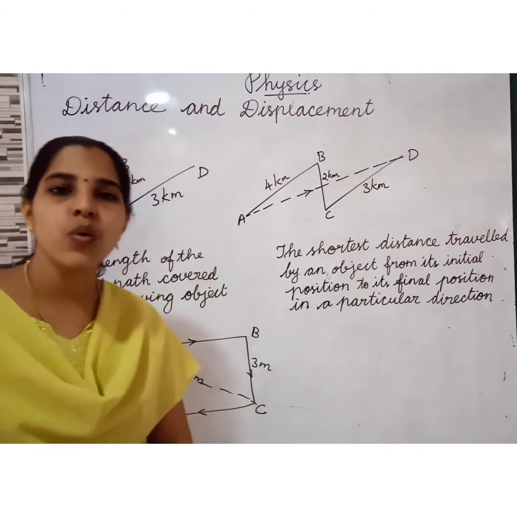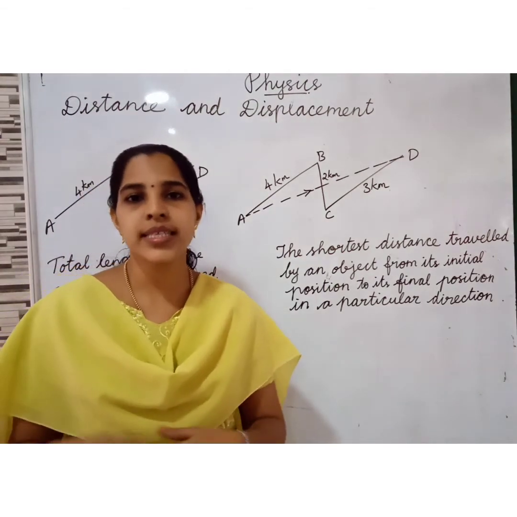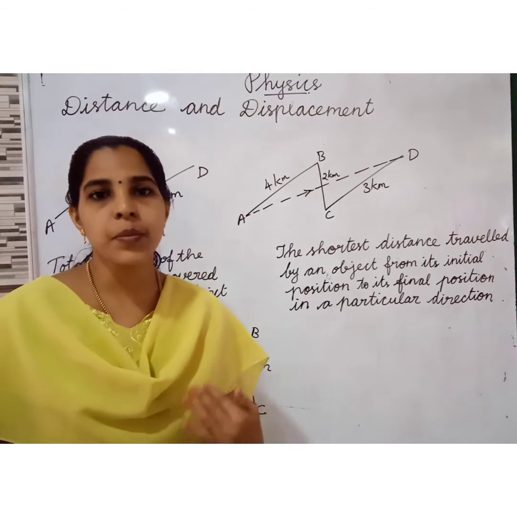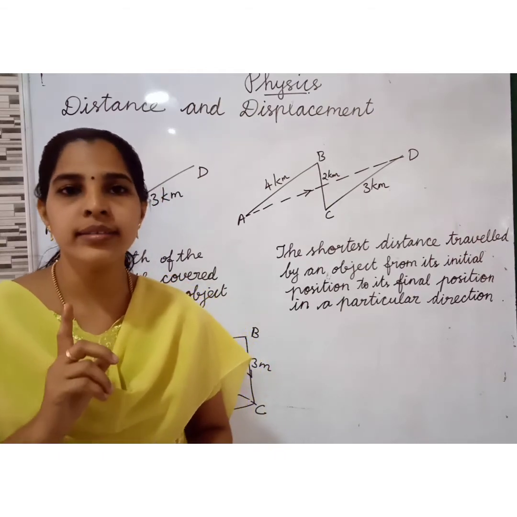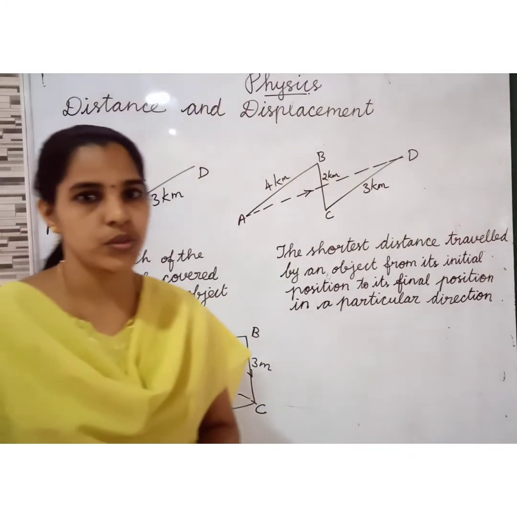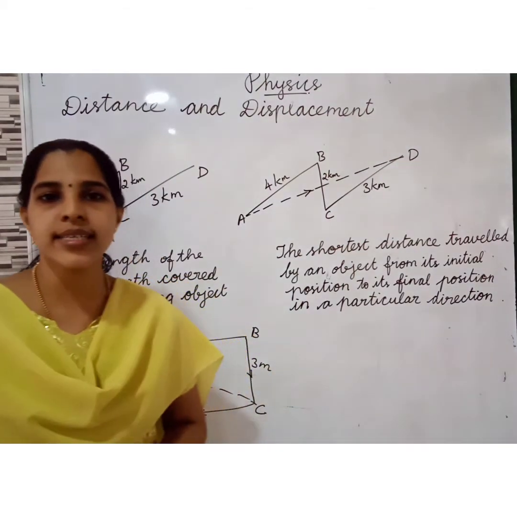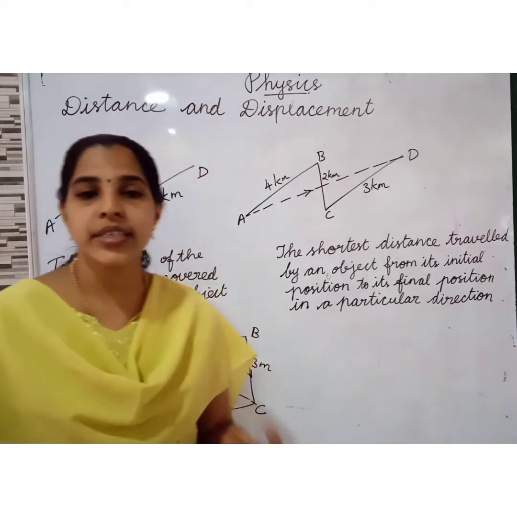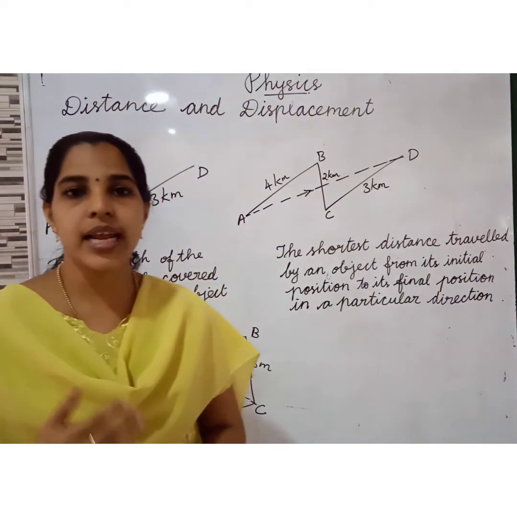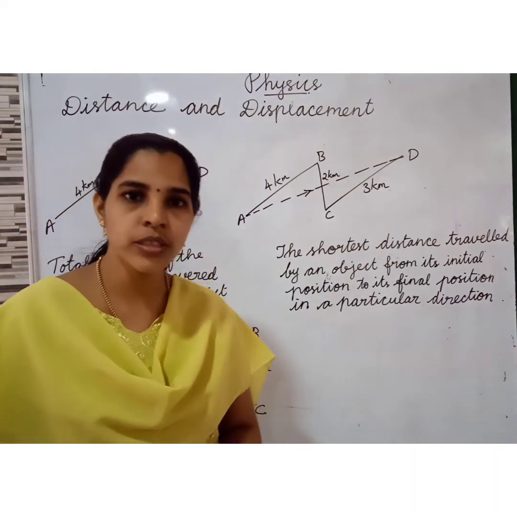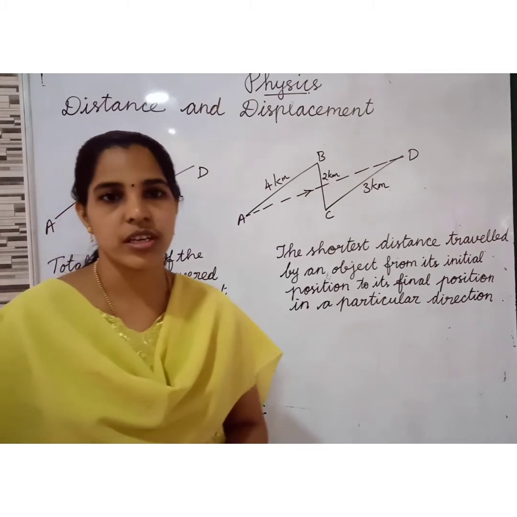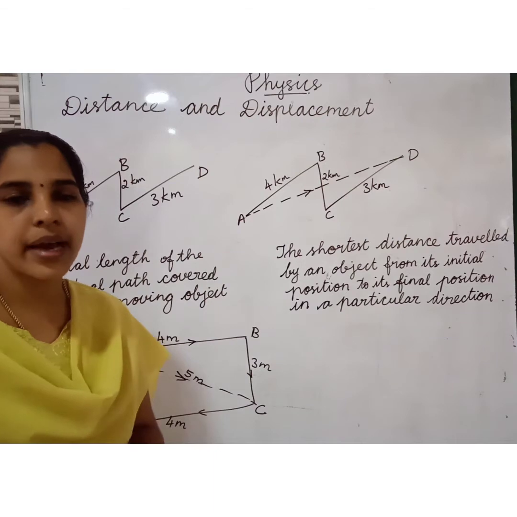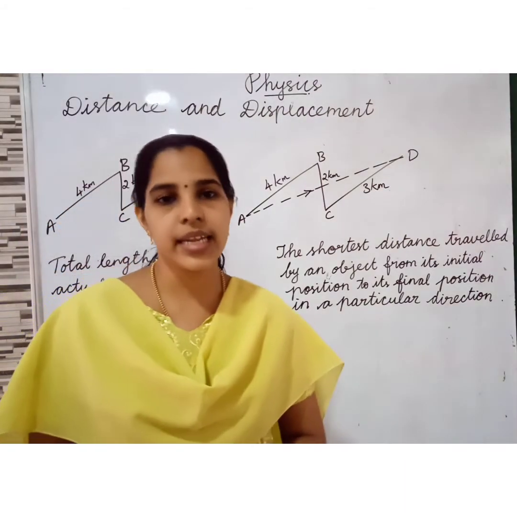Scalar quantities are physical quantities described by only one category, its magnitude. But vector quantities are described by their magnitude as well as direction.